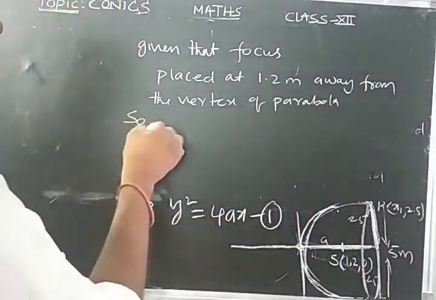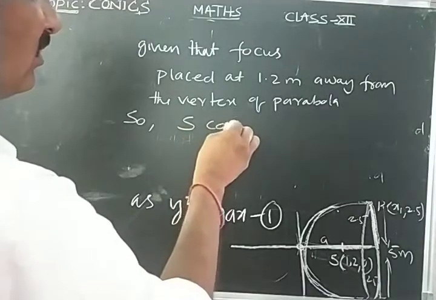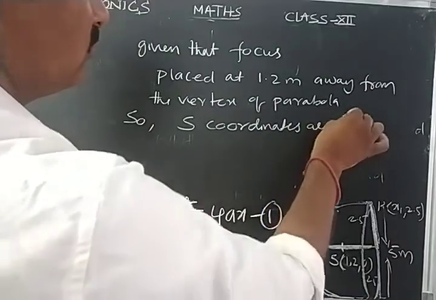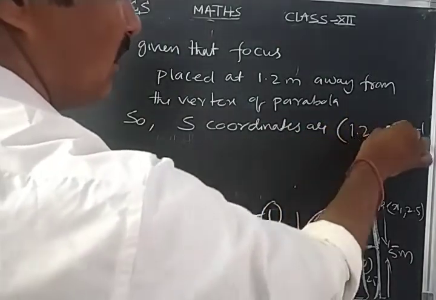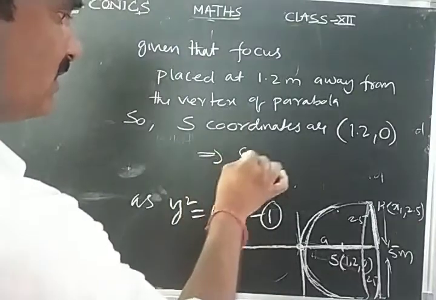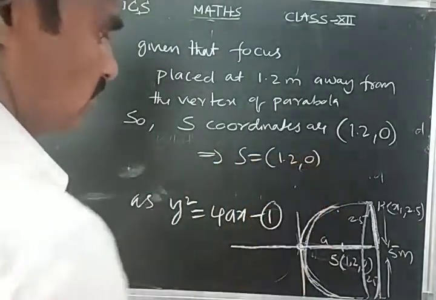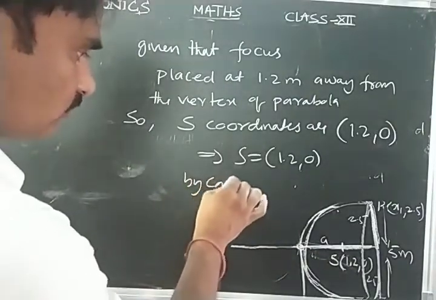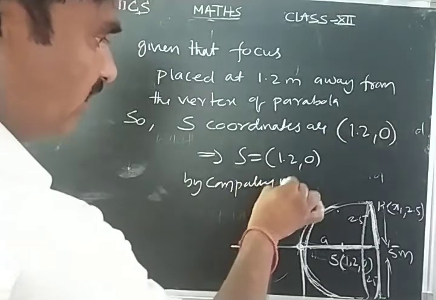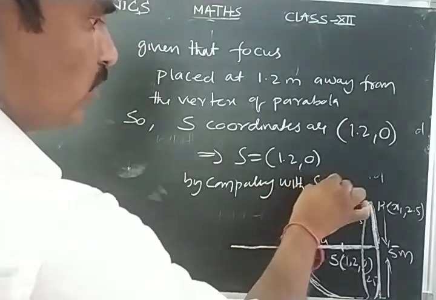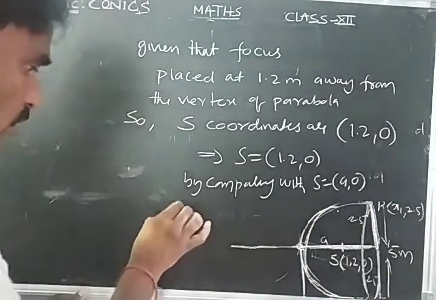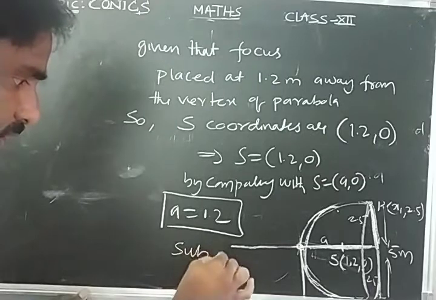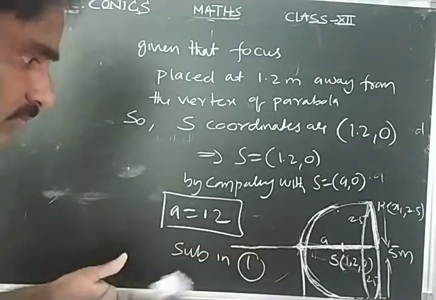So S coordinates are (1.2, 0). By comparing with the focus S equals (a, 0), you will get a equals 1.2. Substitute a equals 1.2 in equation 1.